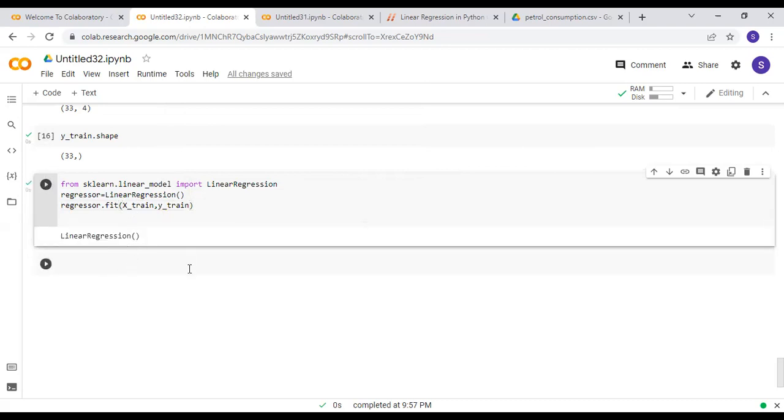See, the model is created. Understood? Yes, sir.